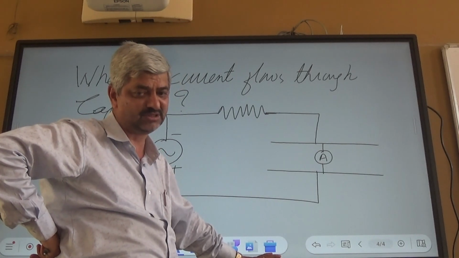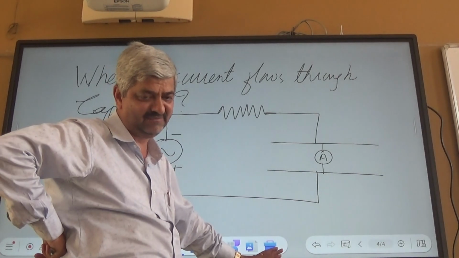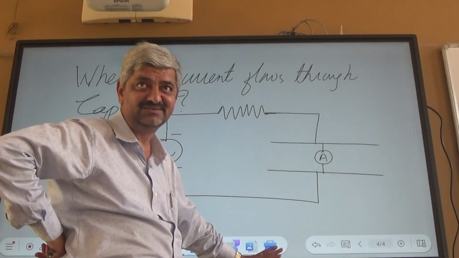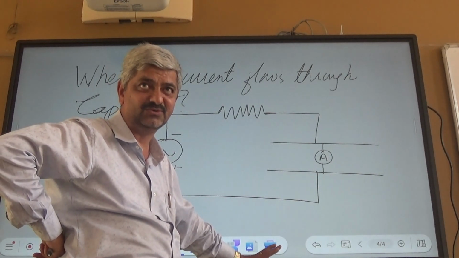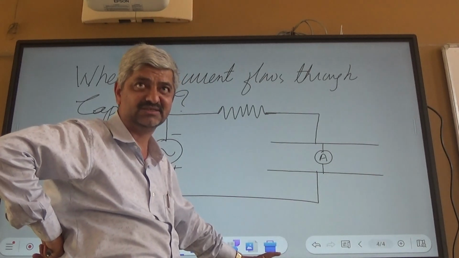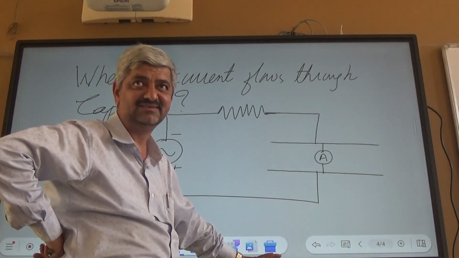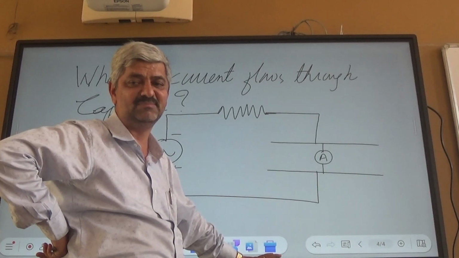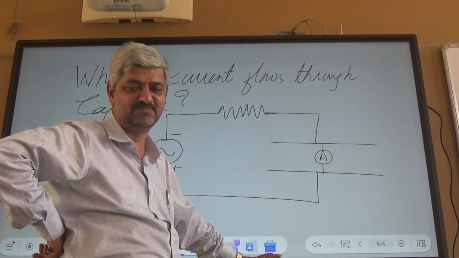Will the ammeter show something? Ammeter has infinite resistance, or zero resistance. Ammeter has zero resistance. So if you put an ammeter, can an ammeter be put?